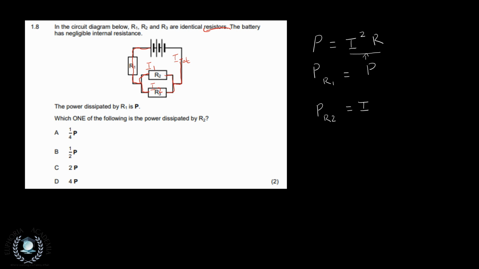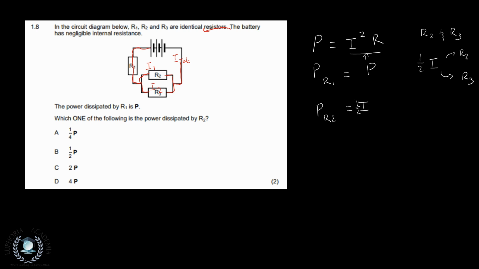Now, because we know that the resistors R2 and R3, they're identical, they have the same resistance. That means that current will actually divide itself equally. So that means a half of the total current will go to R2 and the other half is going to go to R3 because there's no more resistance or less resistance in one path, so it's just going to divide itself equally.